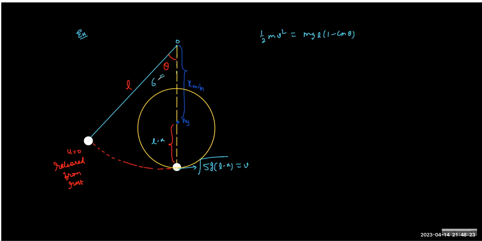Let's take theta as 60, just to make it easy. So this will give you how much? So V square is how much?